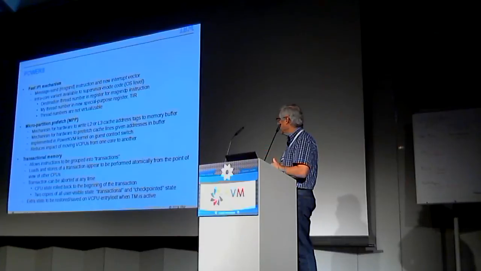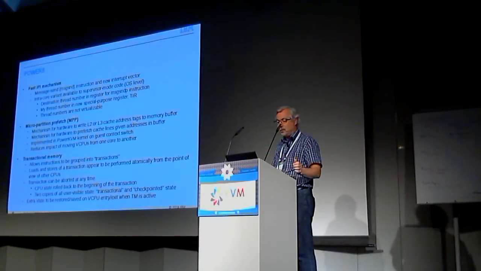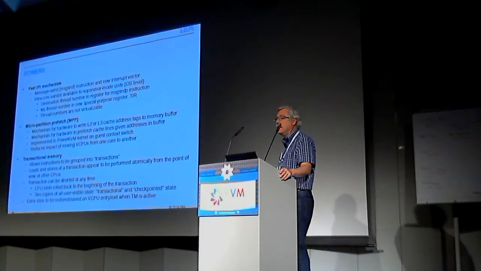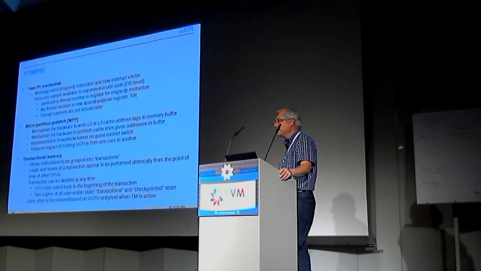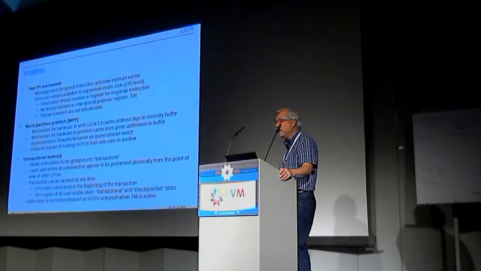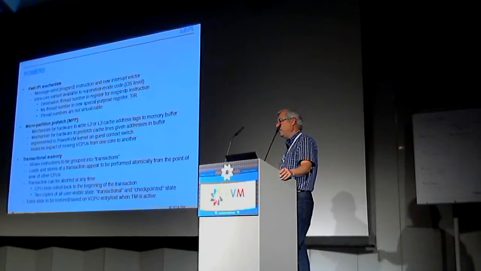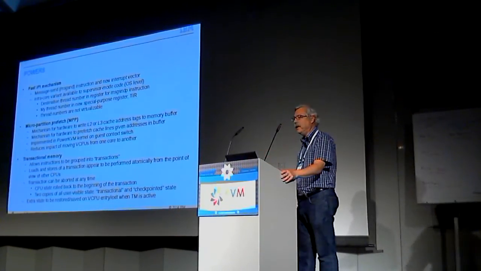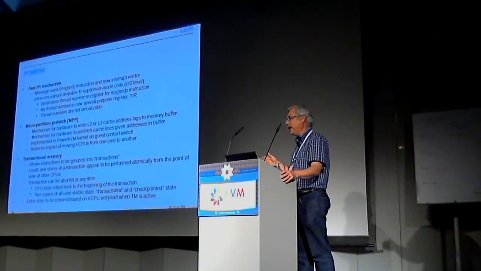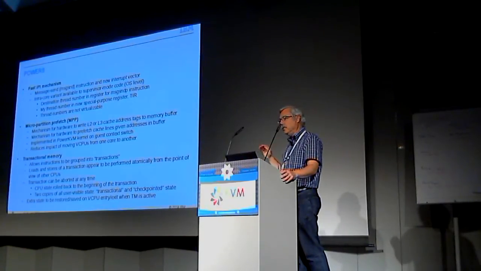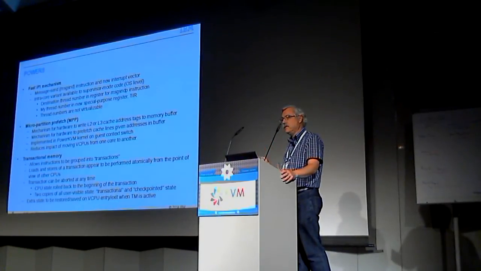There's the micro-partition prefetch. This is quite nice, actually. We've implemented this, and it seems to give a performance increase in pretty much every situation of up to 20 or 30%. Basically, what it does is that when you switch away from a guest, you, the hypervisor, can ask the hardware to look through the level 2 cache, find the cache tags, the real addresses for each valid line in the level 2 cache, and write those addresses into a buffer in memory.